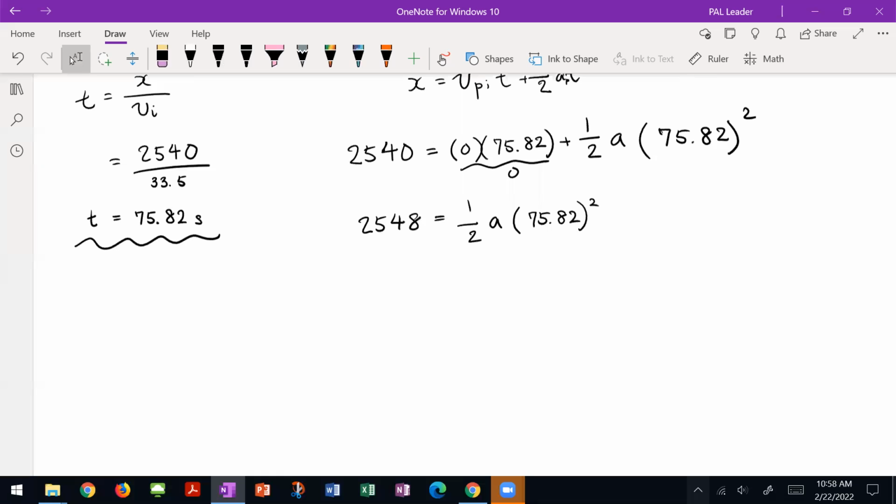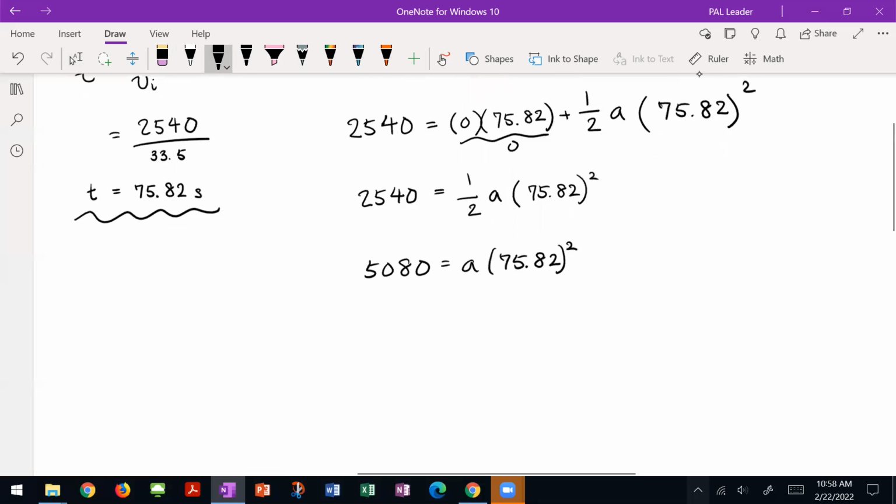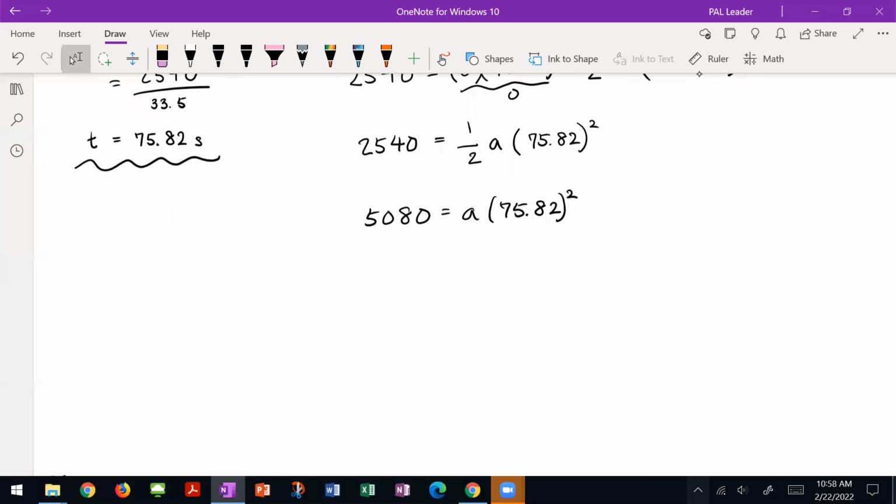So if I multiply 2,540 times 2, oops, I wrote 48, that's not correct. That should be 0. Oh, I'm glad I caught that. 40 times 2 gives us 5,080 equals a times 75.82 squared. And now I am going to divide both sides by 75.82 squared and flip it.